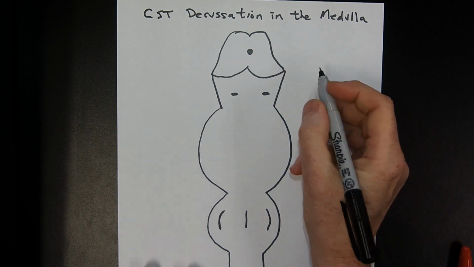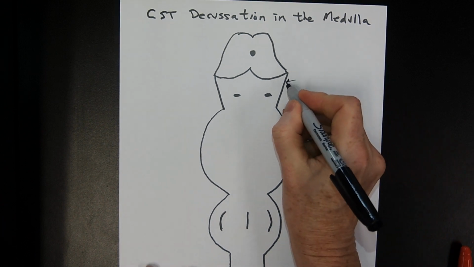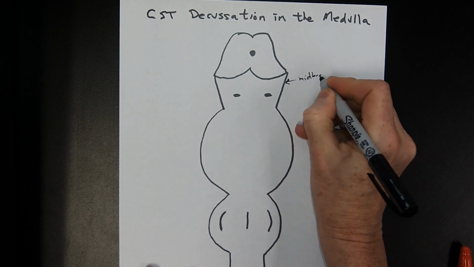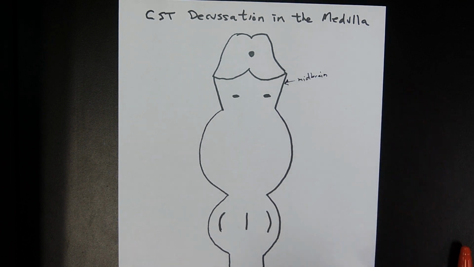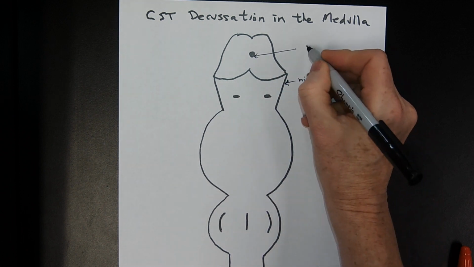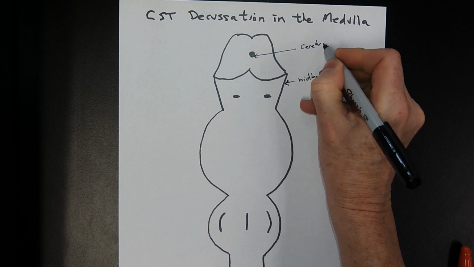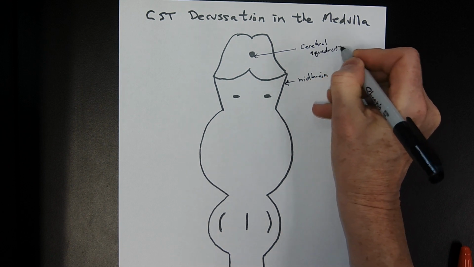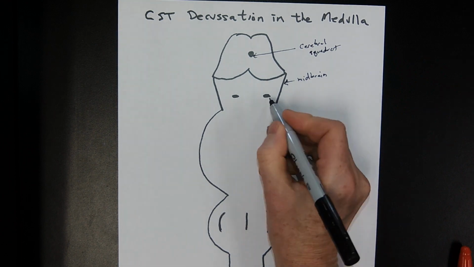Basic labeling. Which part of the brainstem is this up top? Midbrain. A nice marker in the midbrain, part of the ventricular system, is the cerebral aqueduct. Another marker here, what's this?